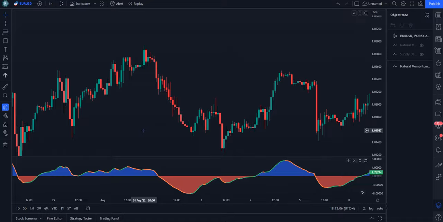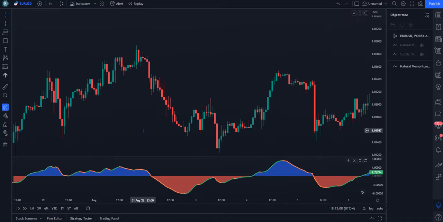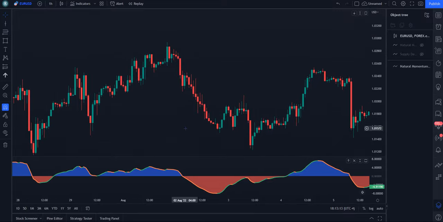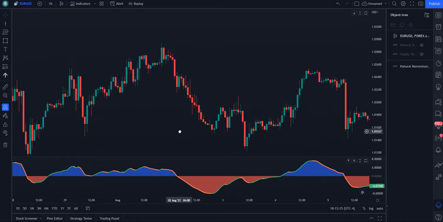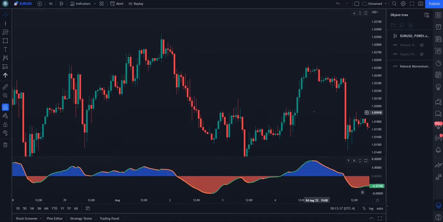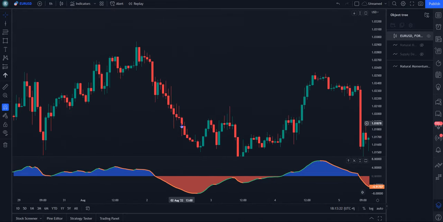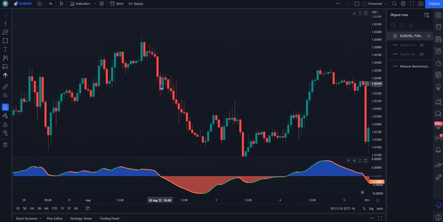Just a gauge of where the market is going, where the strength is going. It'll still measure some pullbacks, but it is great to interpret where the momentum is going. So let's get into an actual sell trade that was potentially here.